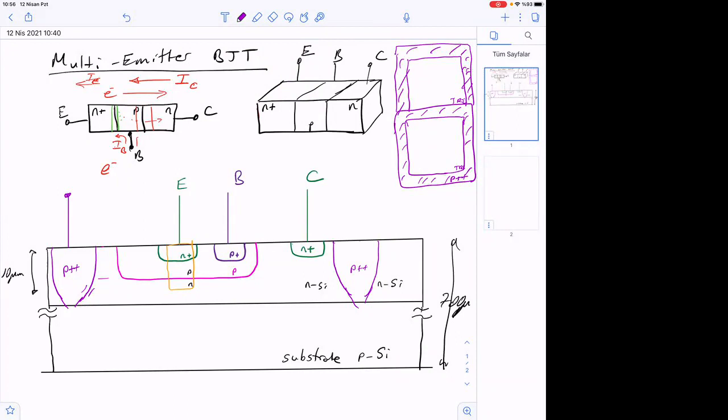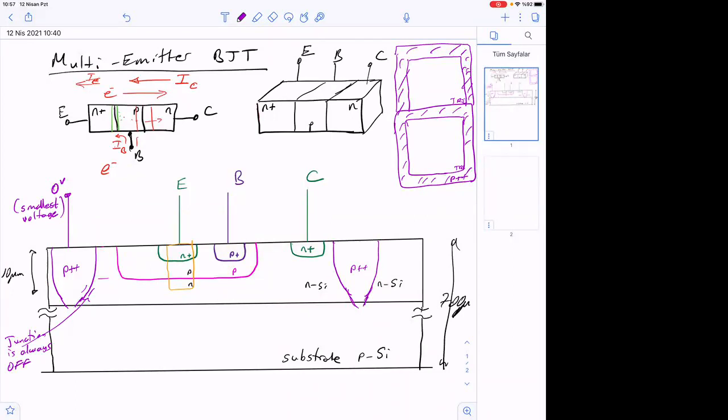P++ needs to be connected to the lowest voltage in the system. Maybe 0 volts, the smallest voltage. Therefore, you make sure that this junction is always off. Is that clear?